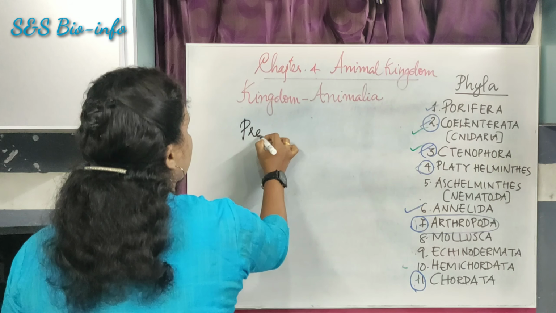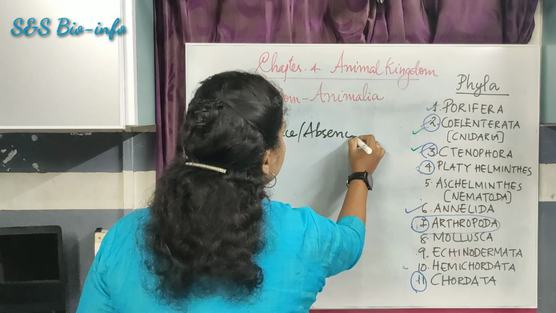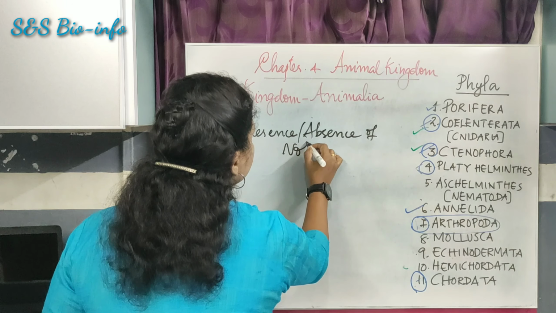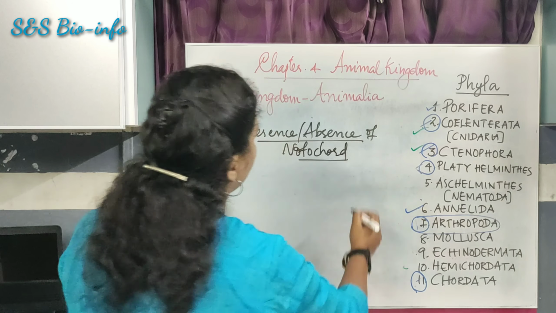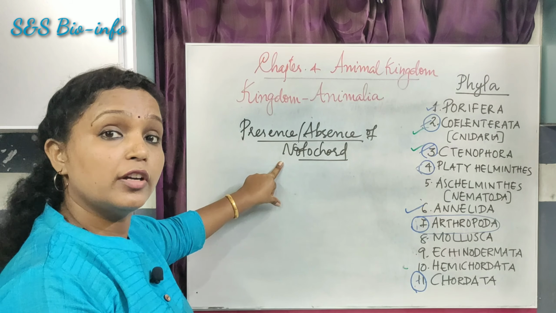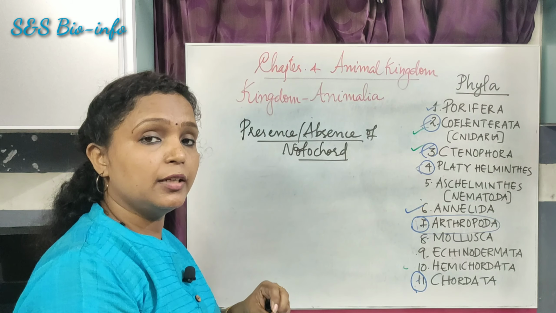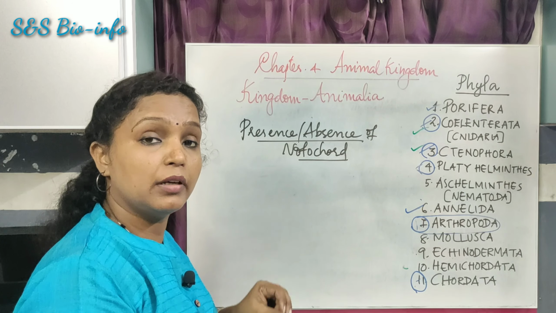Criterion is the presence or absence of what? Notochord. Presence or absence of notochord. Notochord is a rod-like structure that is mesodermally originated. That means the notochord originates from the mesoderm layer.